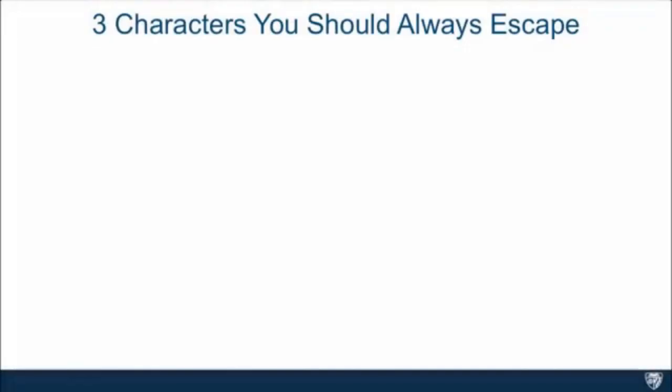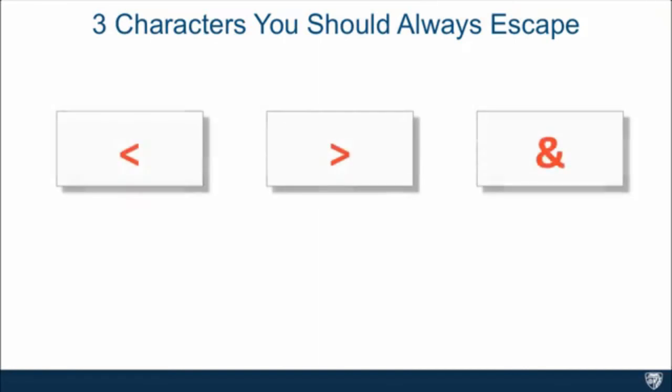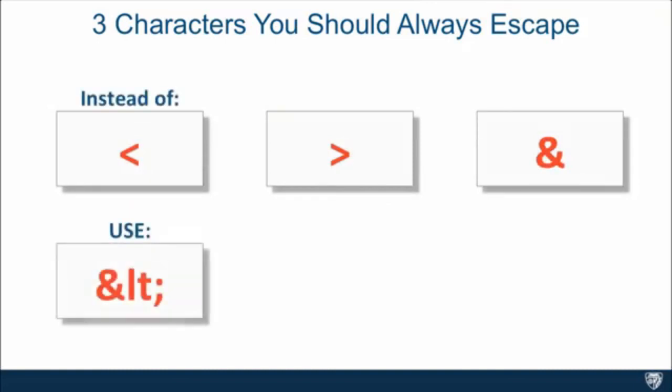Specifically, there are three characters that should always be escaped to make sure they don't cause rendering issues either right away or down the line. And these characters are the following: the less than character, the greater than character, and the ampersand. Instead of using the less than character, you should use the HTML entity, which starts with ampersand and then is followed by LT semicolon.